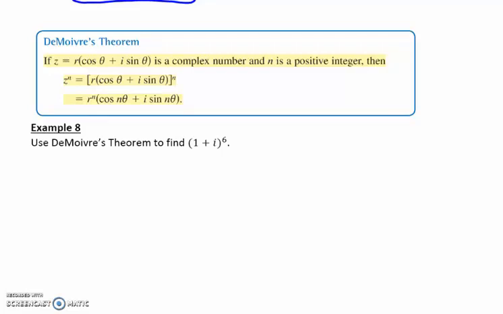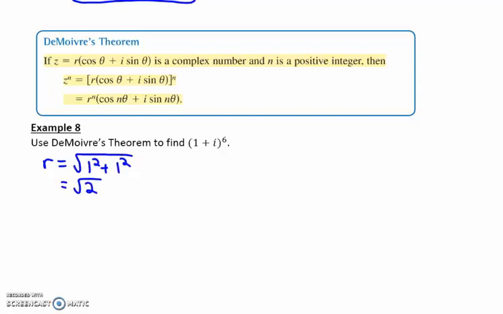Okay? In order to do that, we first need to figure out what r is. Remember that r is the square root of your real number squared plus your imaginary number squared, and so that's just the square root of 2.